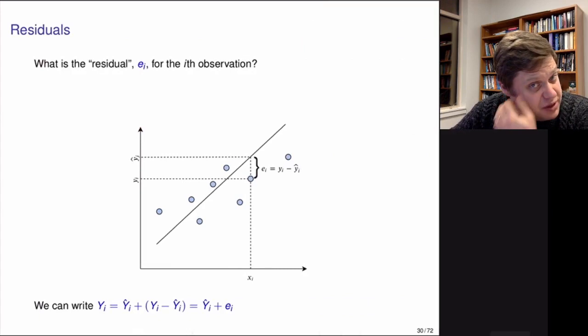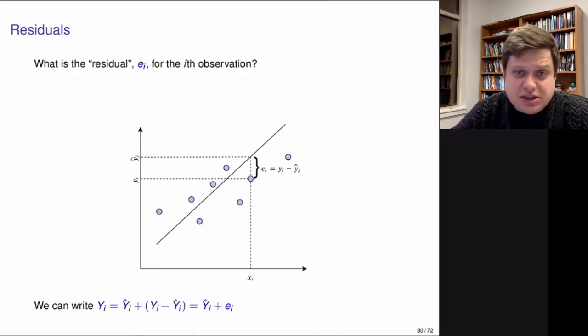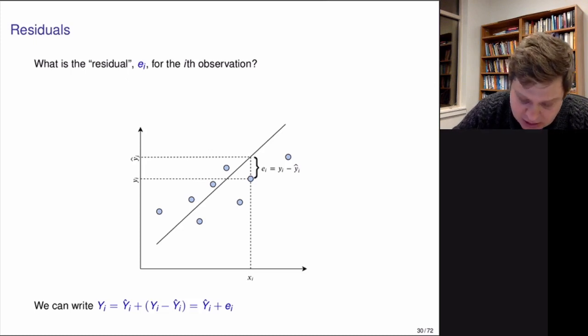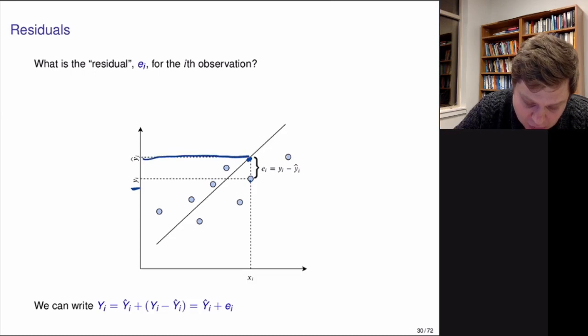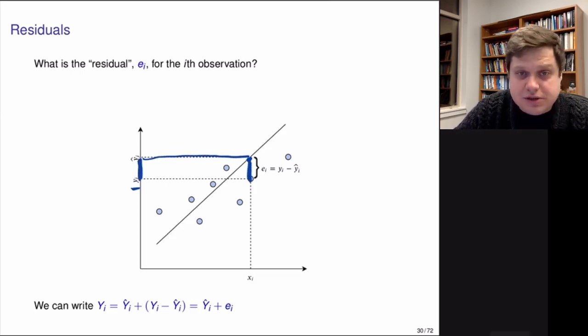All right, and the residuals of the model are nothing but just the distances from the actual y's to the predicted y's. So if you take this point here, this is going to be the y that corresponds to this point, and the predicted value by the model for this specific value of x is just the point from the line, which is this point. So we're going to call it y hat. And the distance between y and y hat is called the residual.